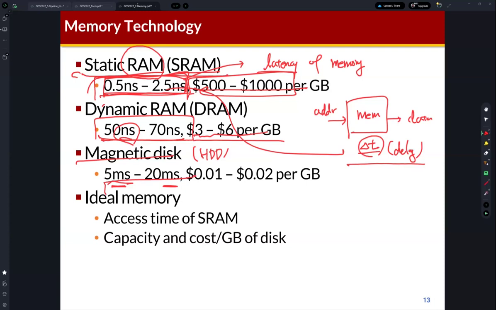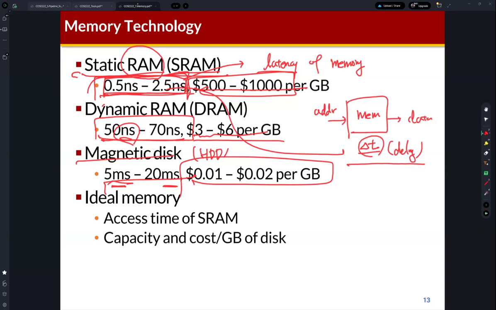That's why currently we frequently use the SSD, because flash memory is much faster than the hard disk drive. But the cost of the hard disk drive is low.